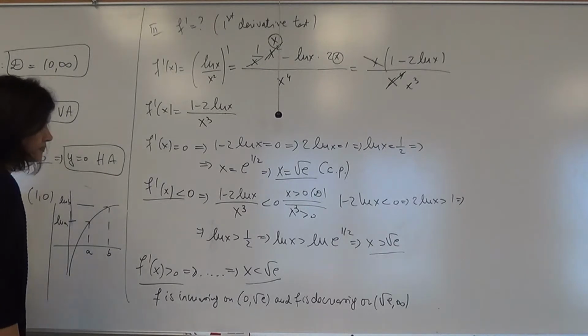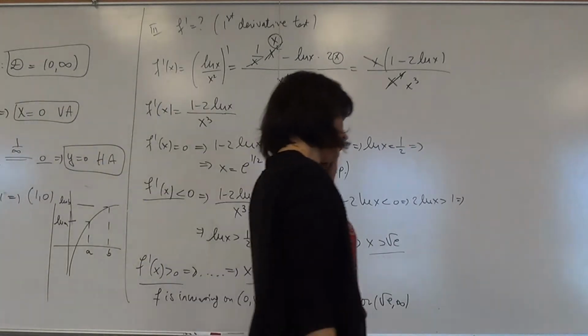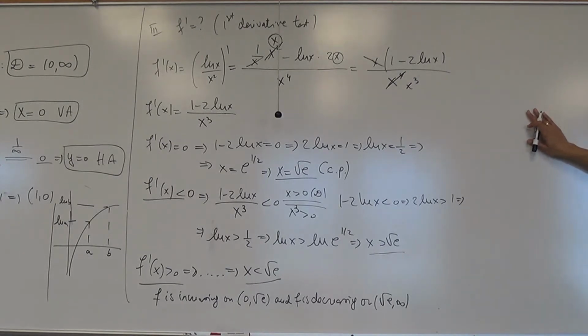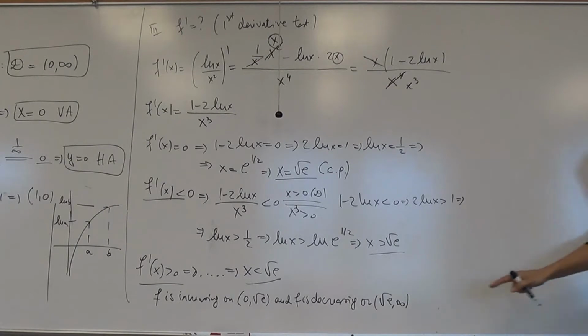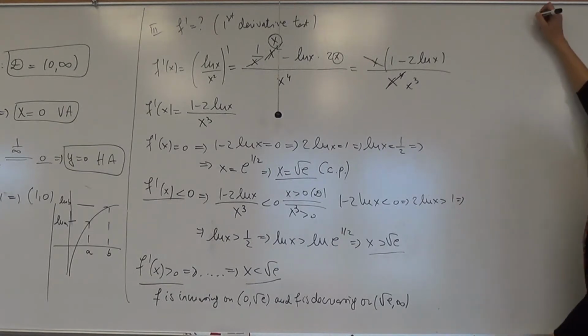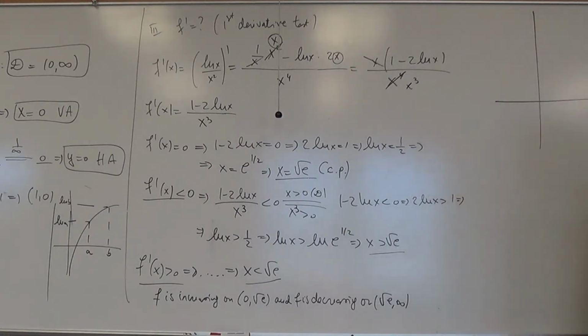So let's see if we need to calculate the second derivative. Maybe we can plot a graph without having the second derivative. Because we already know this is a local maximum, so you'll have to go concave down. So let's try to plot the function.